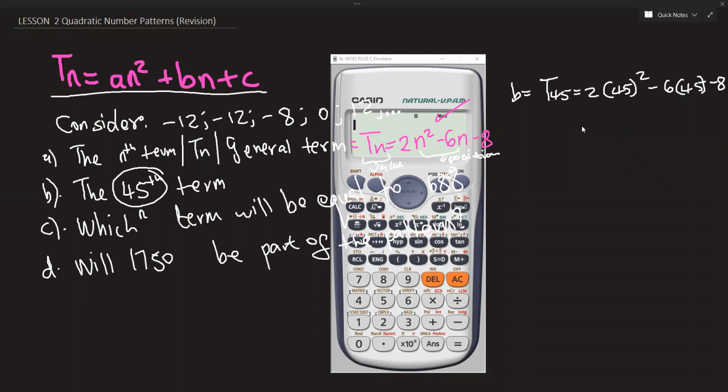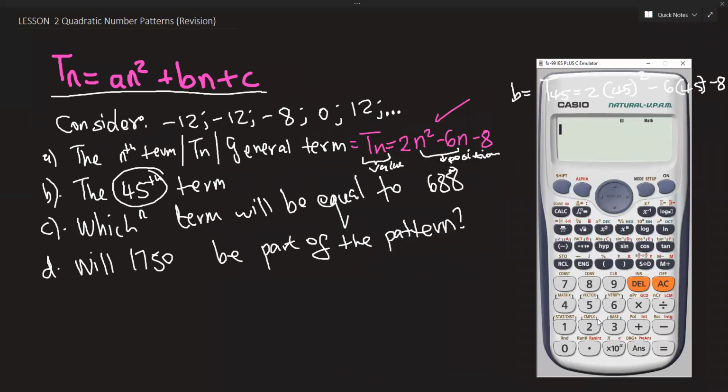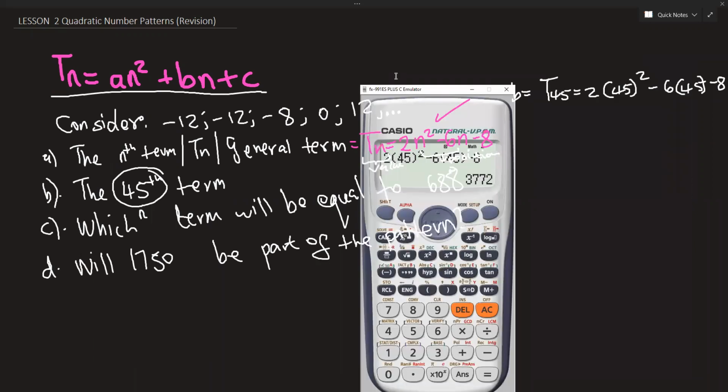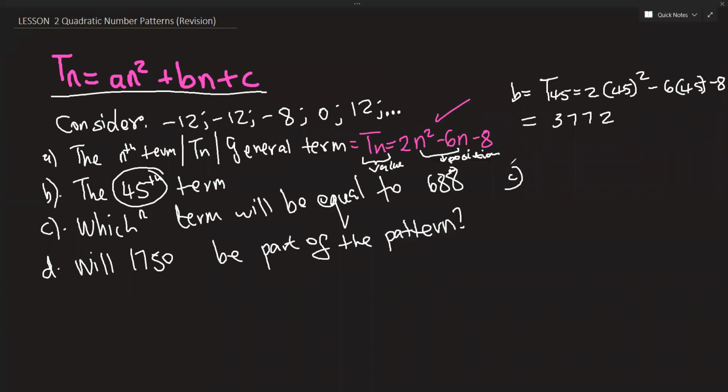So we have 2 times 45 squared minus 6 times 45 minus 8. This is equals to 3772. Then that's finito for B, right?